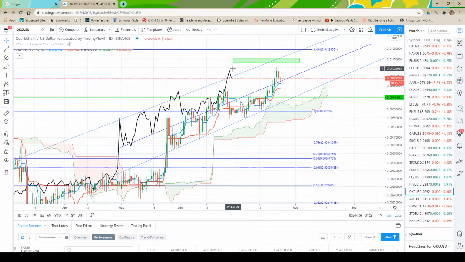Number 3, is the lagging line over the cloud? Very much so. Number 4, is the last cloud green? Well, it has been green for a while. Look at that. Nice, huh? Now, you could argue that all this was sideways, because I'm willing to argue with you that it was.